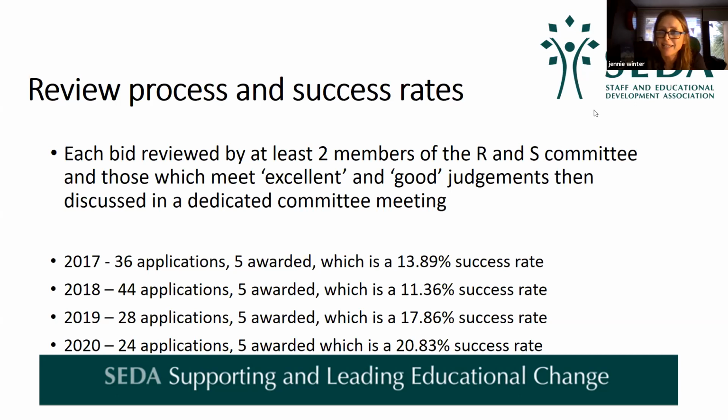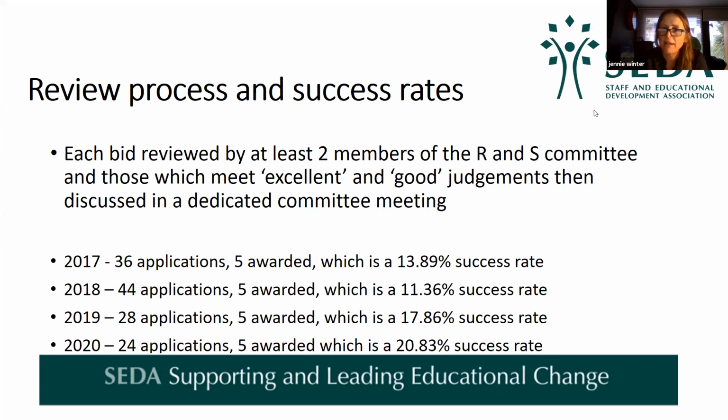The first one is excellent, fund it basically. The second one is good, which translates as fund it if our funding allows, so if there's space. The third one is weak, should not be funded. And the fourth one is doesn't even meet the criteria.